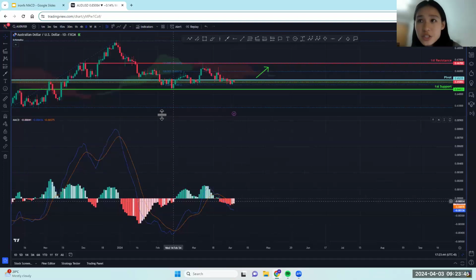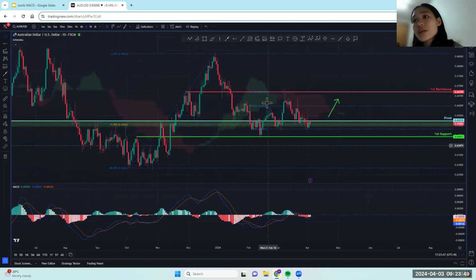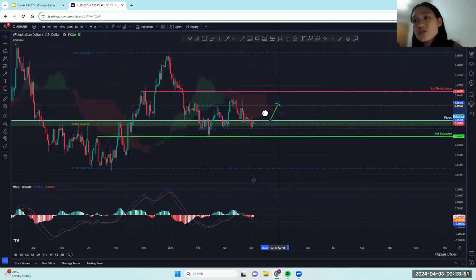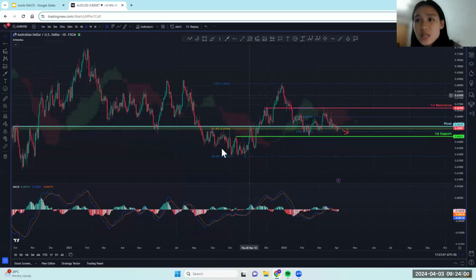So it's giving us a bearish signal. We might actually see it continue to drop down here. But let's take a look at some other indicators as well.